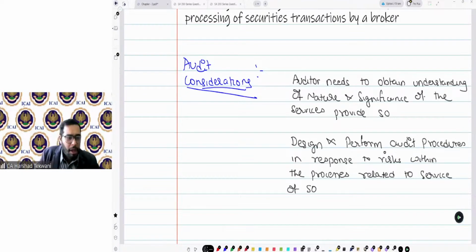Once we have understood the services being provided by the service organization, we will come to know what the risks within that process are. Once you identify the risk, you need to design and perform audit procedures. And why do we need to do that? Simple, to obtain sufficient and appropriate audit evidence.